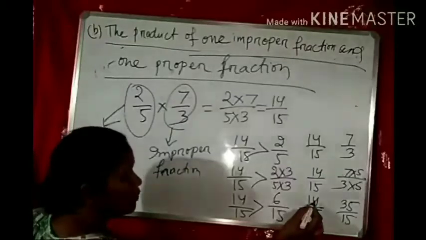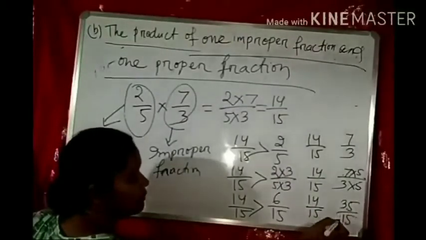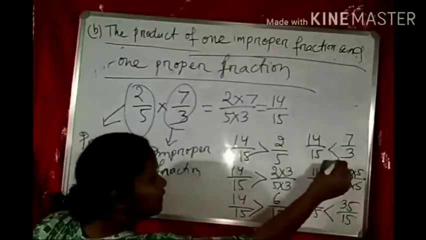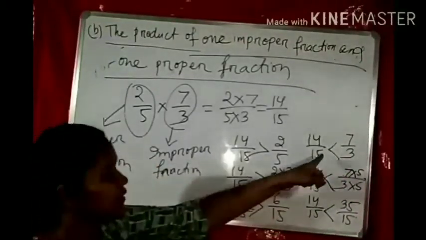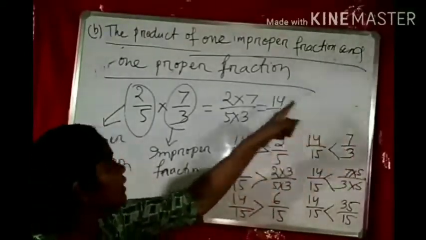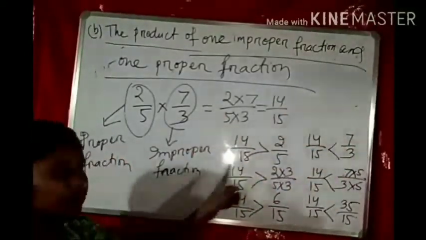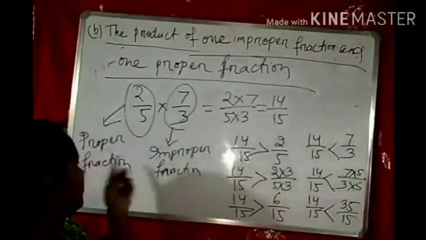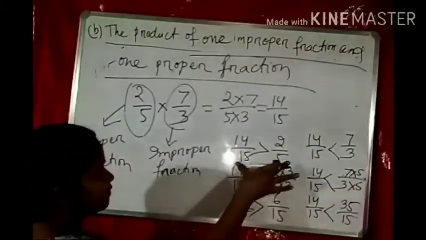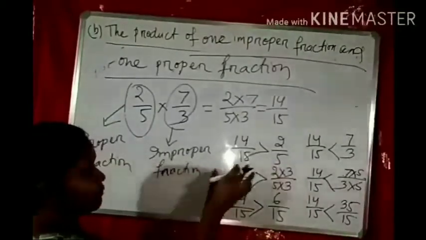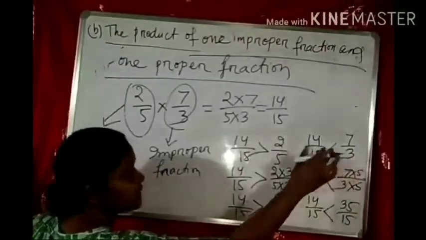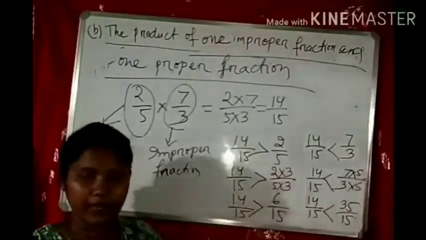So from 14 by 15 and 35 by 15, which one is greater? 35 by 15 is greater. So here the product is lesser than the improper fraction we have multiplied with the proper fraction. Here the product is greater than the proper fraction. Here the product is lesser than the improper fraction.